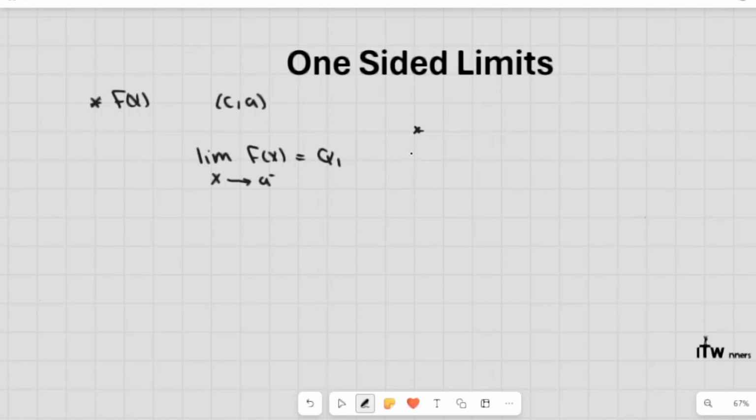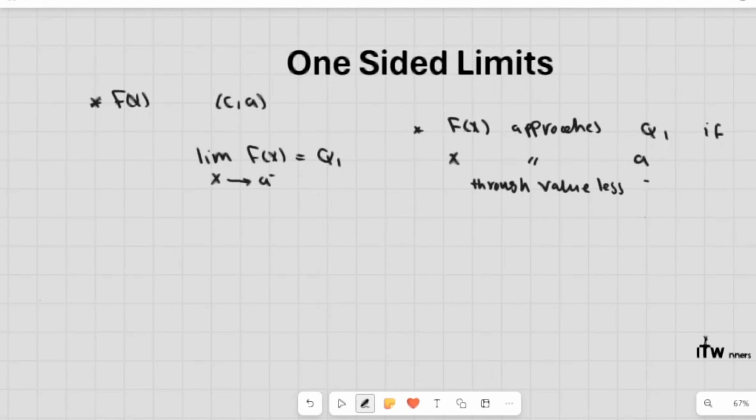This means f of x approaches q1 only if x approaches a, but here x approaches a through values less than a.